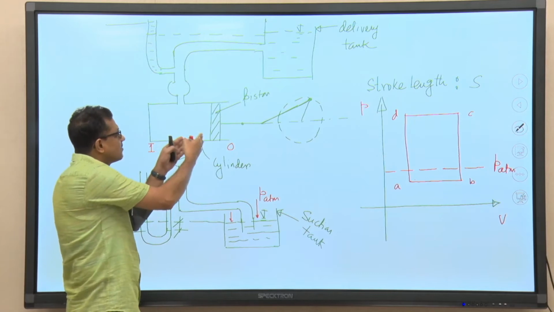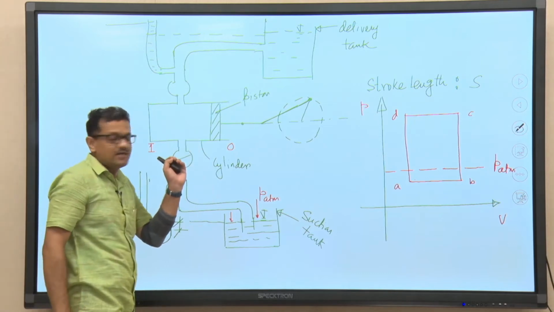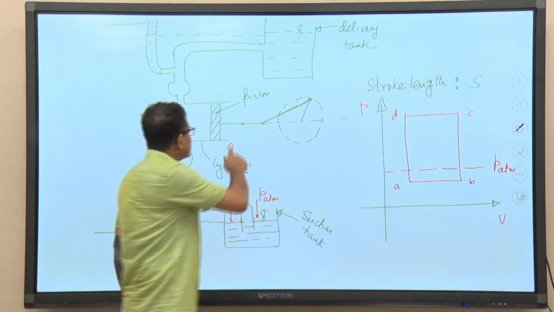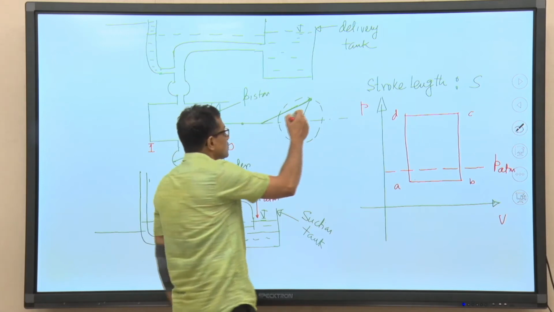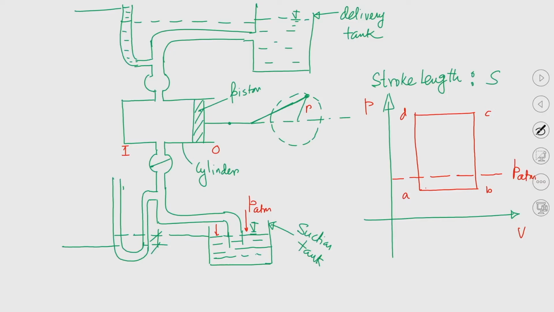As the piston movement is getting decelerated, you try to understand the piston is driven by a prime mover. So, this is the crank radius r, and this is rotating at an angular velocity omega. Say this angle is theta and this is the linear displacement of the piston, x.